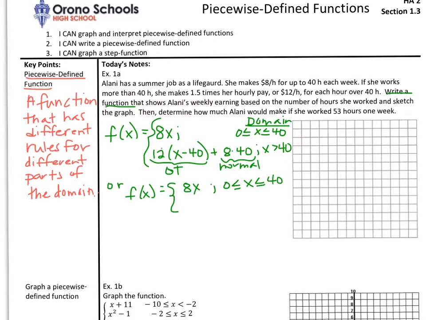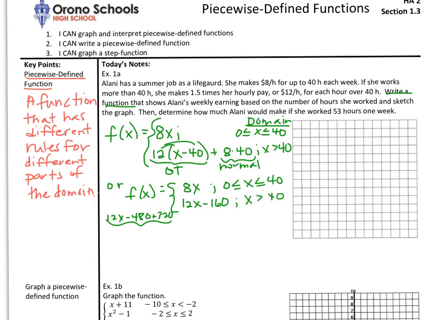If we distribute the 12 in, we would get 12x minus 480 plus 8 times 40, which is 320. So we can simplify that second part to being 12x minus 160. That looks a little bit easier to work with than the 12 times x minus 40 in parentheses plus 8 times 40. That would be for any hours she works more than 40.